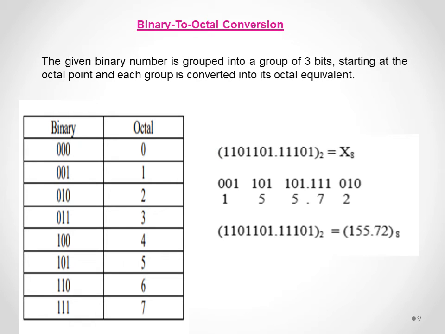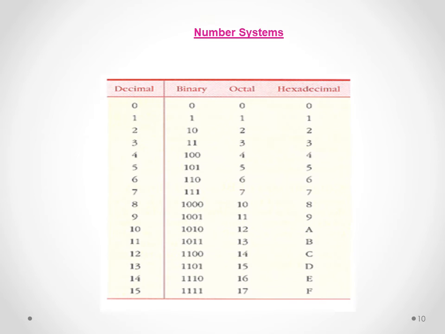Next, in the fractional part we have to start from this position. First group 111, and then 01, and we have to add 0 here. So 111 and 010. This is a very easy way to convert binary to octal.